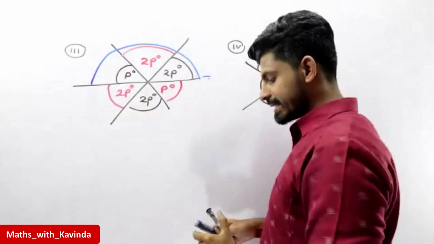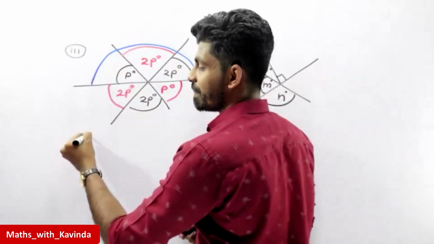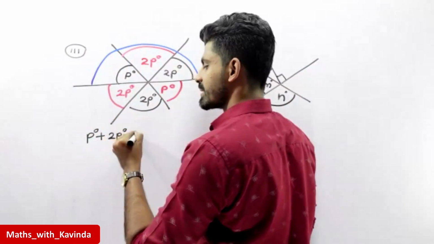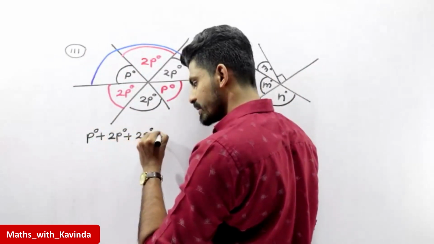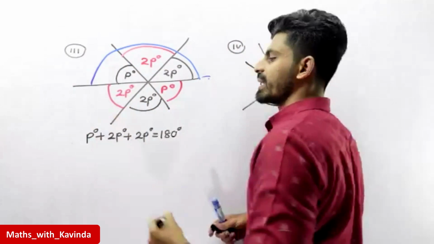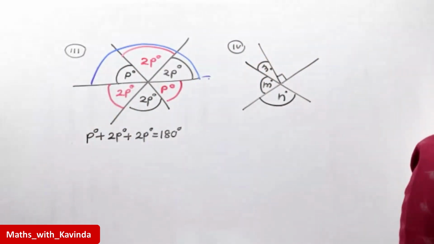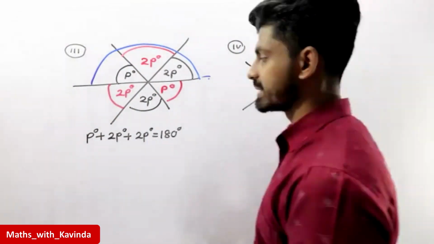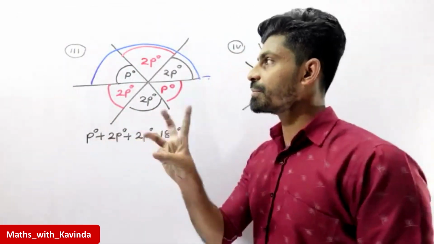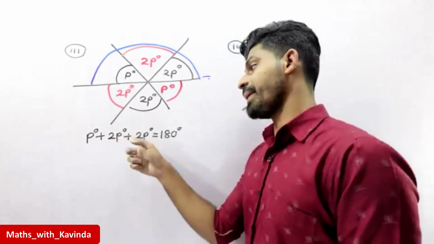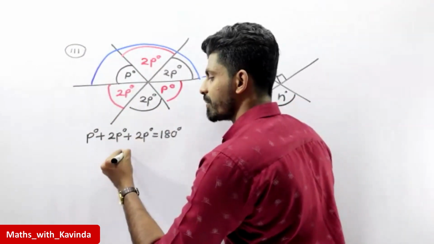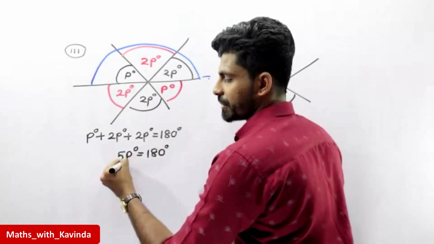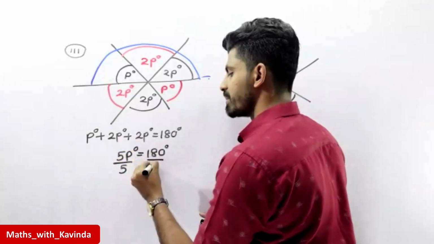Just consider that angle. So P plus 2P plus 2P equals 180. P plus 2P is 3P, 3P plus 2P is 5P, equals 180. So you can divide both sides by 5.